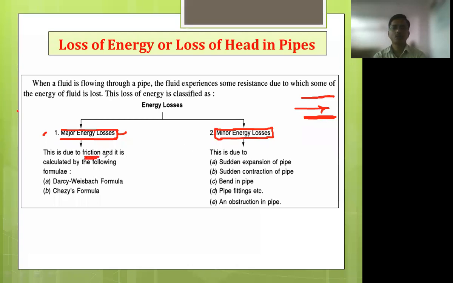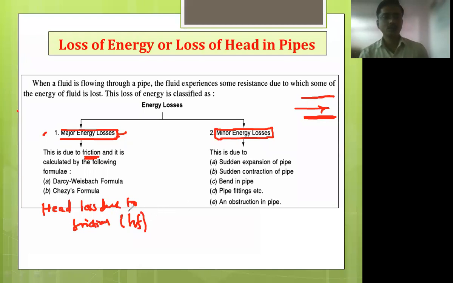Friction मुळे जो होणारा loss आहे, that loss is called the major loss, and it is also called head loss due to friction, which we denote by letter HF. As this loss is very large in quantity, that's why the name major loss has been given.